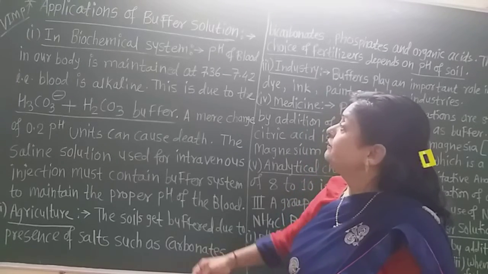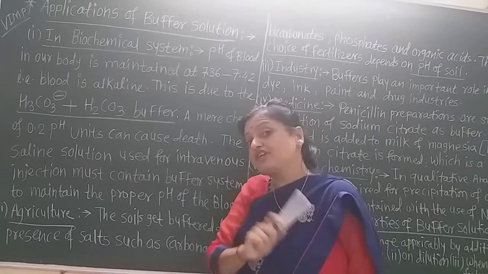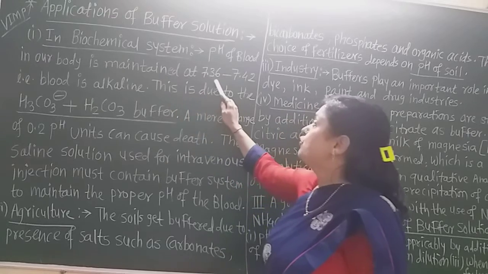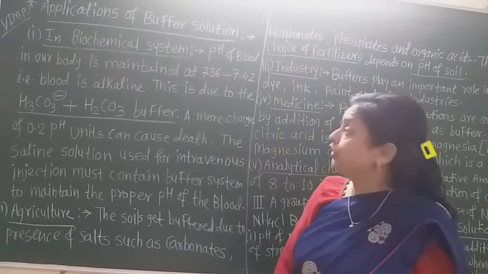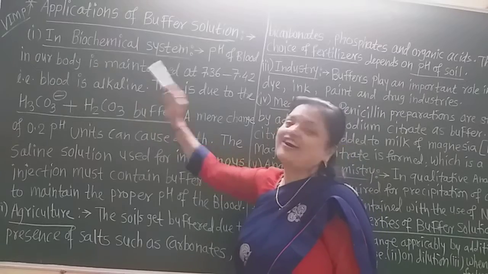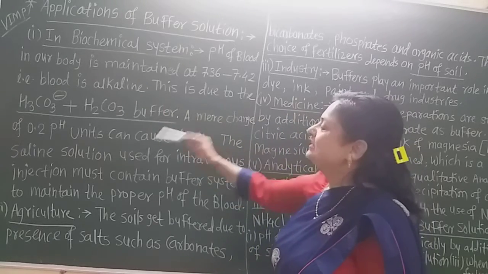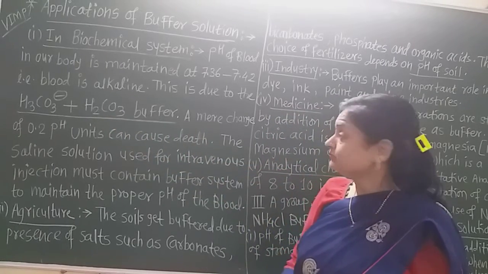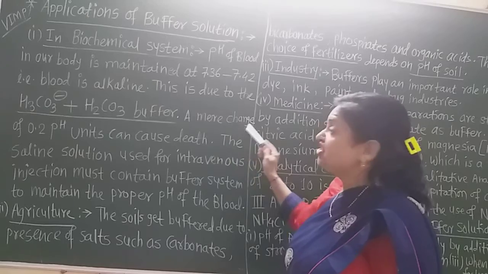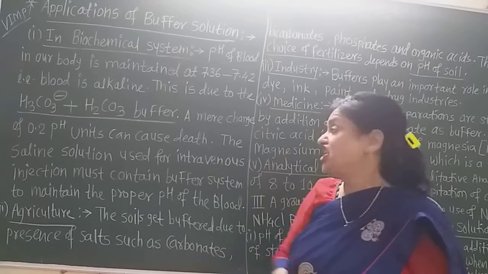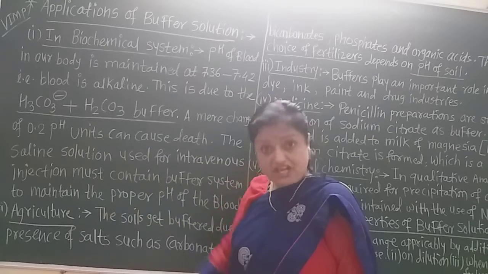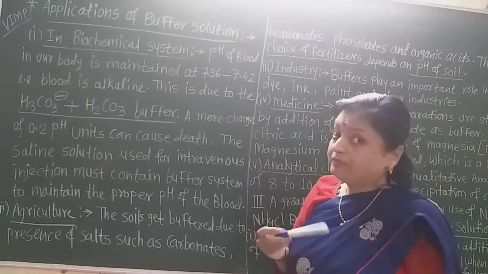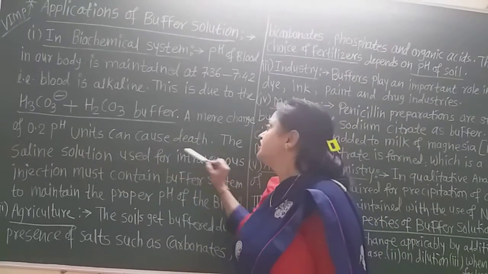Now these are the buffers used to maintain the pH of the blood in our body. Let us study here the first application in the biochemical system. The pH of blood in our body is maintained at 7.36 to 7.42. That is, blood is alkaline. This is due to this HCO3 minus plus H2CO3 buffer. Now a very slight change of only 0.2 pH unit in the pH of the blood can cause death.